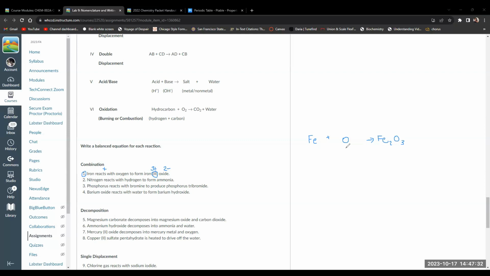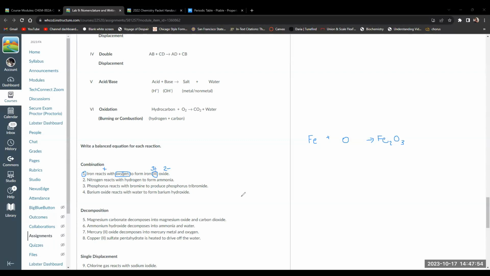Is this correct? No. There's one thing missing. Oxygen is a diatomic. Remember? I believe this was in the first few weeks of class. The list of diatomics.